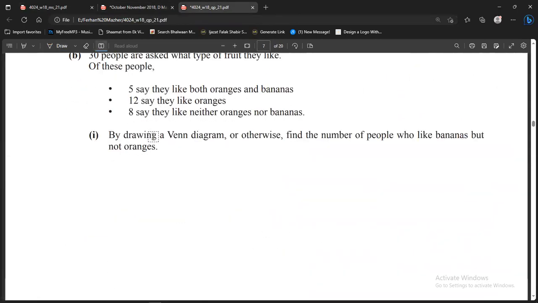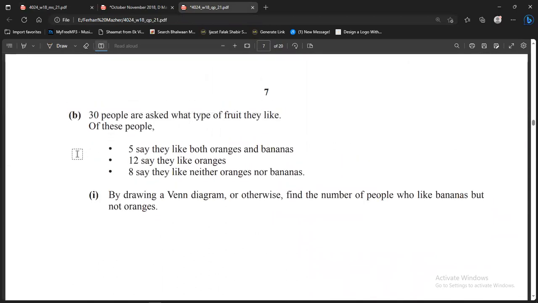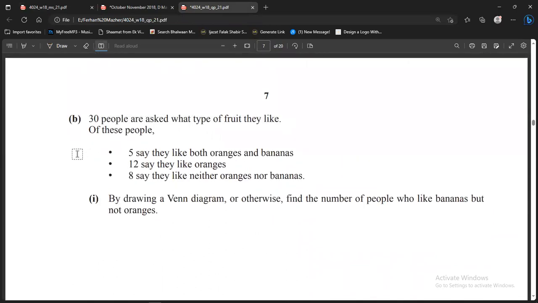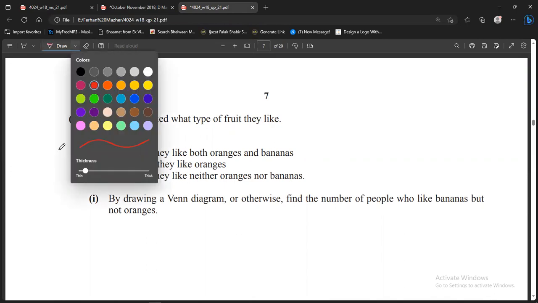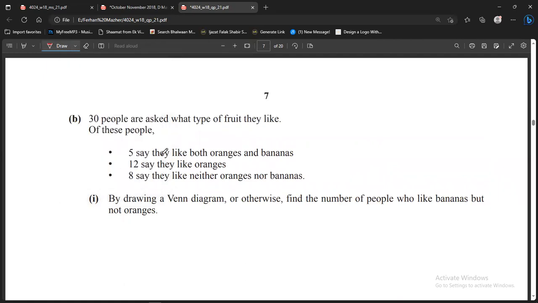Okay, so we are going to the next question. That is question number 4. It's B part. He says 30 people are asked what type of fruit they like. Of these 30 people, 5 say they like both oranges and bananas. 12 say they like oranges. 8 say they like neither oranges nor bananas.